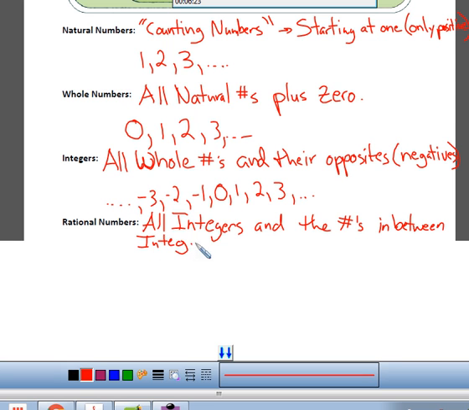Now, what do we mean by the numbers in between integers? Well, up here we started with 0 and went 1, 2, 3. There are numbers in between them, like 0.5, then 1, then maybe 2, then maybe 2 1/3. So, essentially, when we talk about numbers in between, we mean fractions and decimals.